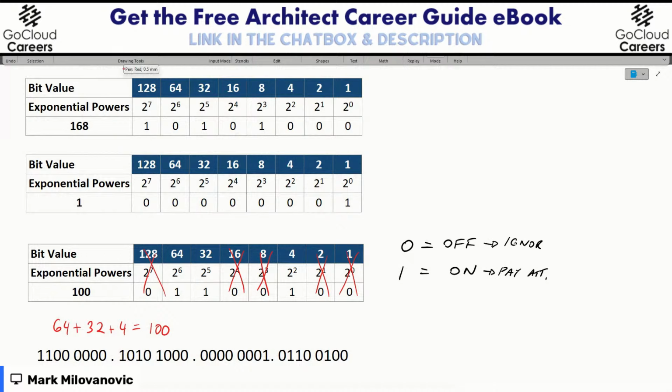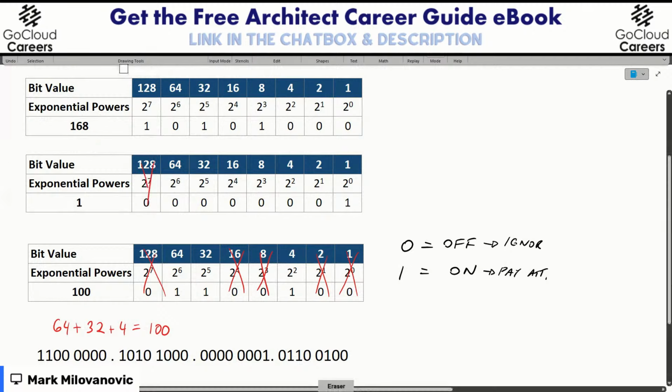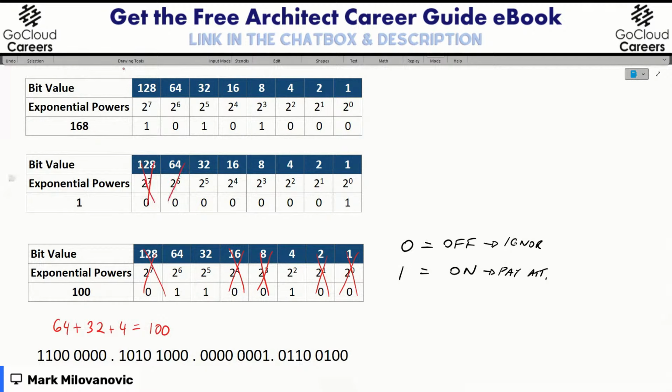Okay, let's go to 1. And I'll run through this quickly because I can do this one. I'm going to ignore the 128. I'm going to ignore the 64. I'm going to ignore the 32, the 16, the 8, the 4, the 2. Why? Because I'm being told to ignore them by the binary value of 0.